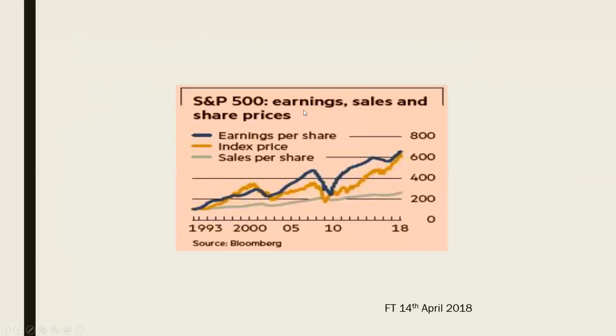If we look at the S&P 500, and this is just some data from the FT here, going back about 25 years, you can see that they're showing you an index of sales per share, and then they've got the earnings per share and the index price per share.